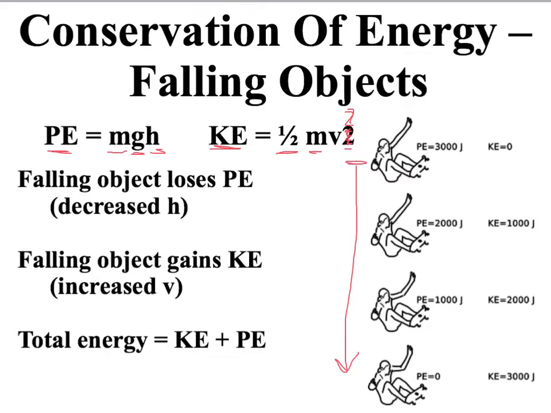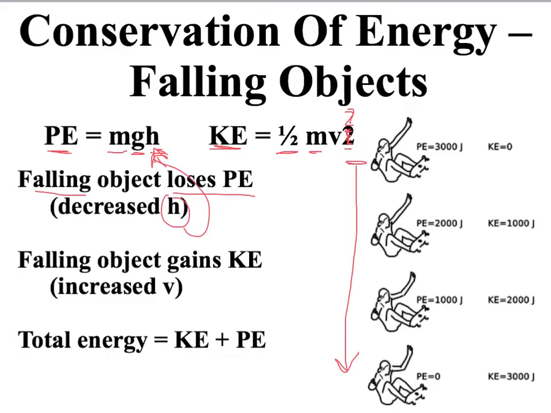Now what happens is at the height of his jump, this skateboarder has maximum potential energy, and as he falls, he loses potential energy. This is because his height decreases. You could tell by this formula if you plug in different numbers. If height decreases, potential energy decreases, because height and potential energy are directly proportional.